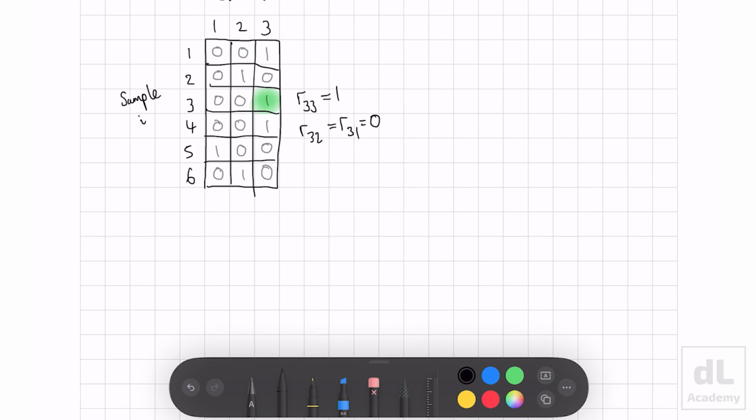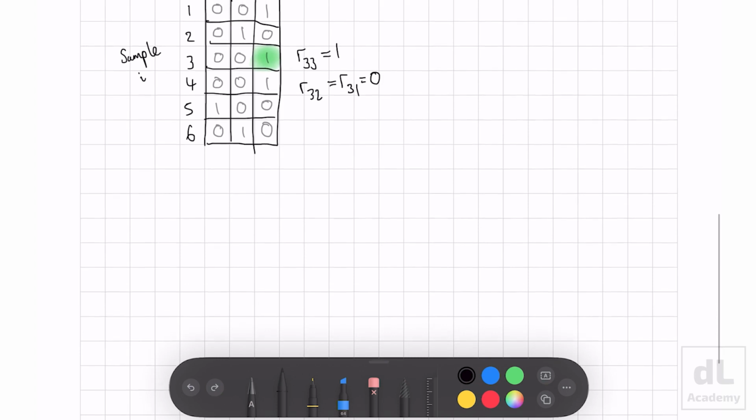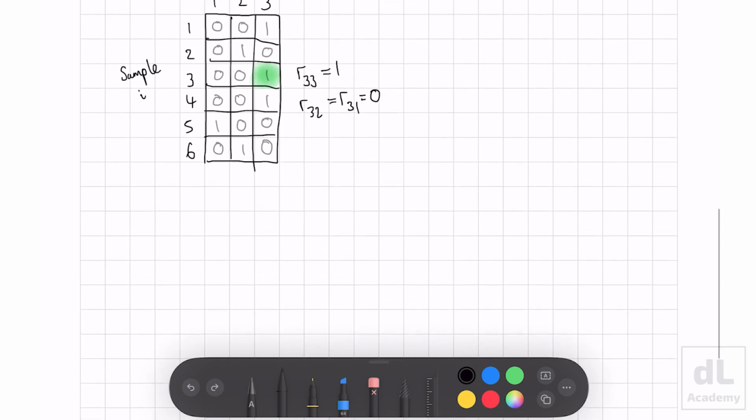What you notice is there's only one 1 per row, and this is exactly the point that a sample can only belong to one cluster. You couldn't have this, for example, because that would mean sample 3 lives in cluster 1 and 3 as well. Another interesting thing is if we wanted to know the number of samples in the third cluster, we could just add up the third column.